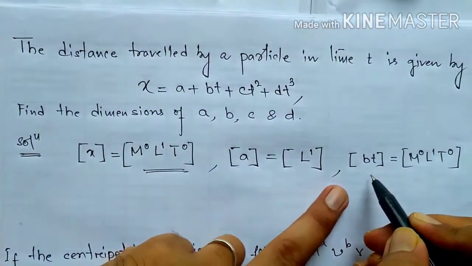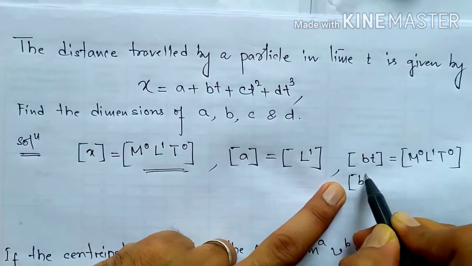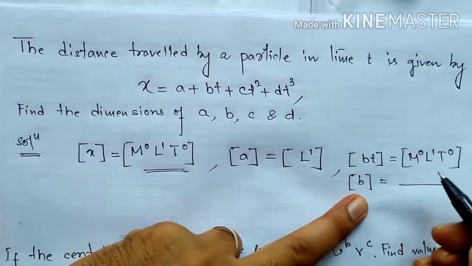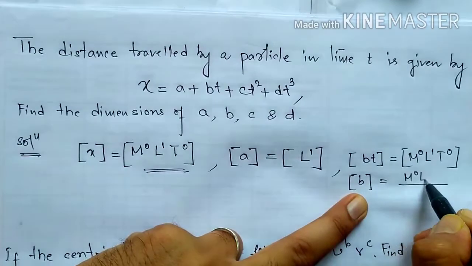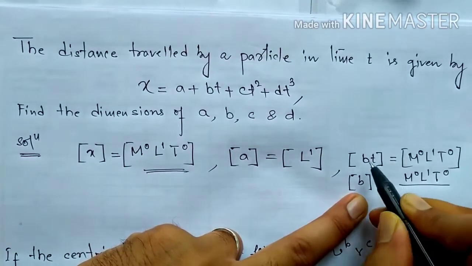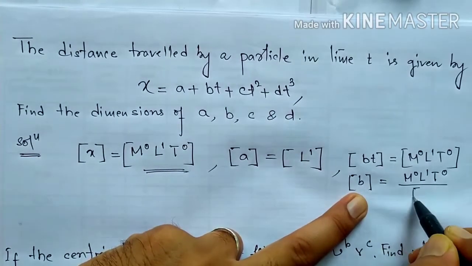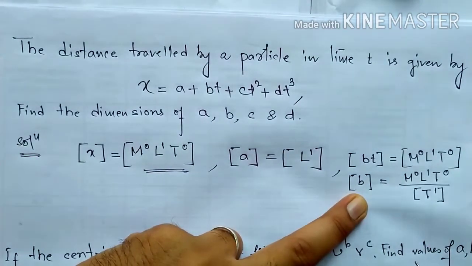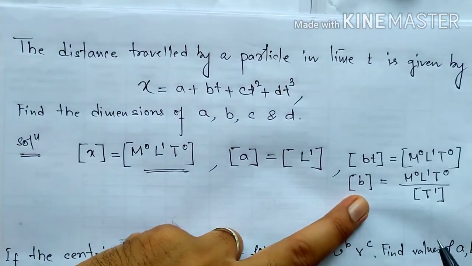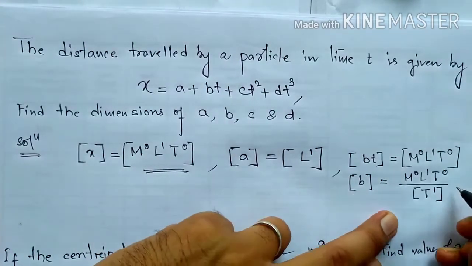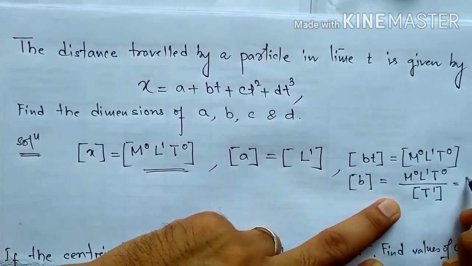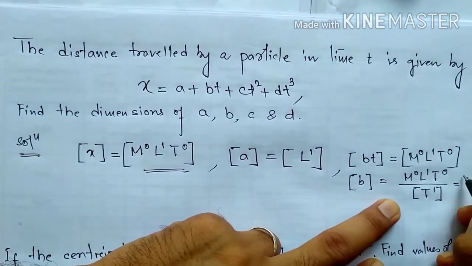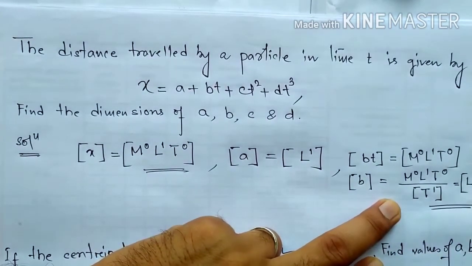That means from here I can write the dimension of b will be equal to m to the power 0, L to the power 1, t to the power 0 divided by the dimension of t. The dimension of t is t to the power 1. Fine. So the dimension of b will be L to the power 1 and t to the power minus 1. So this is the dimension of b.